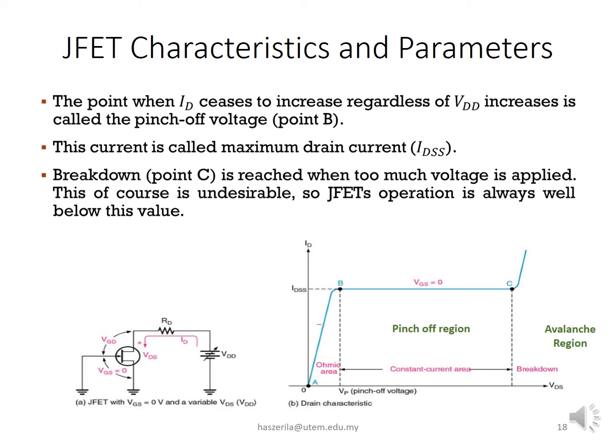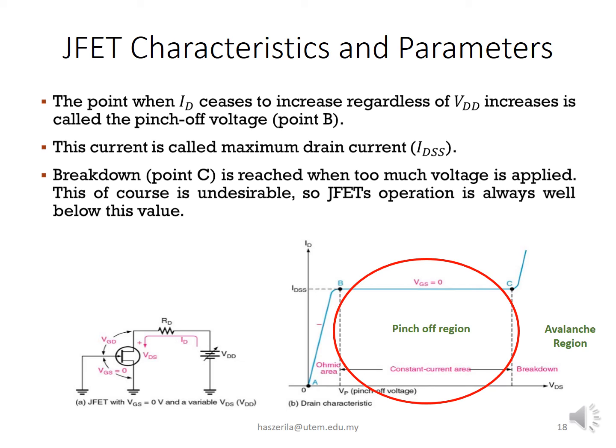For VGS equal to 0 volt, the value of VDS at which ID becomes essentially constant, which is at point B in figure B, is called the pinch-off voltage, or VP. For a given JFET, VP has a fixed value. As you can see, a continued increase in the VDS above the pinch-off voltage will produce an almost constant drain current.